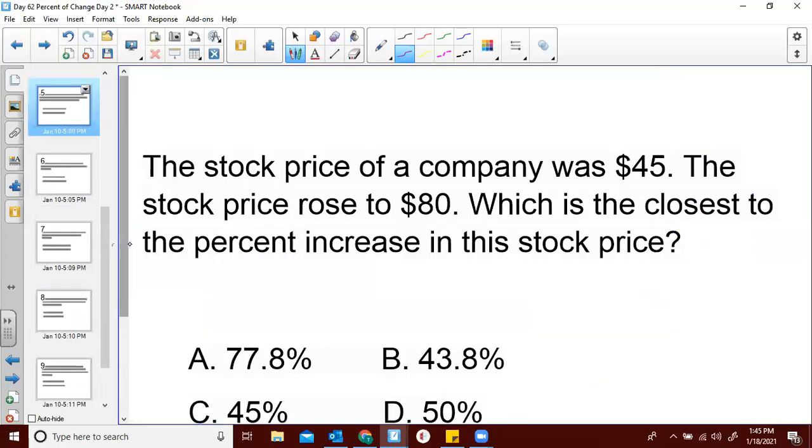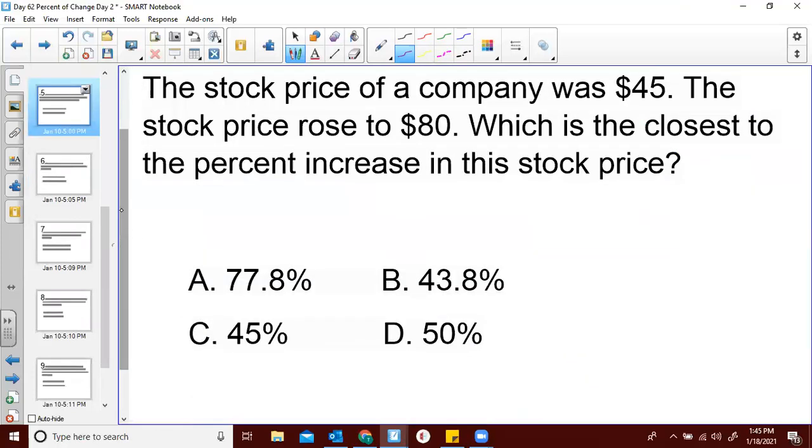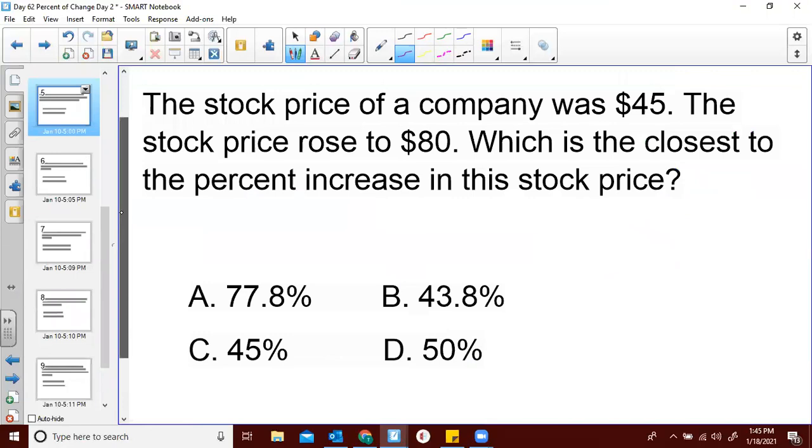All right, the stock price of the company was $45. The stock price rose to $80. Which is the closest to the percent increase? So it rose, an increase. We're definitely looking for a positive number. So the stock of a company was $45. That's my old. And then it rose to 80. That's my new.